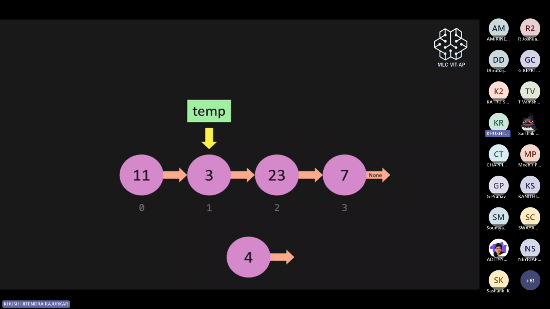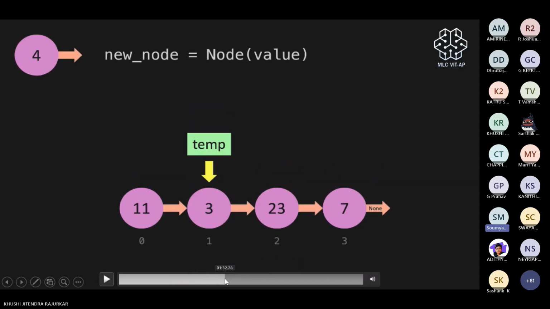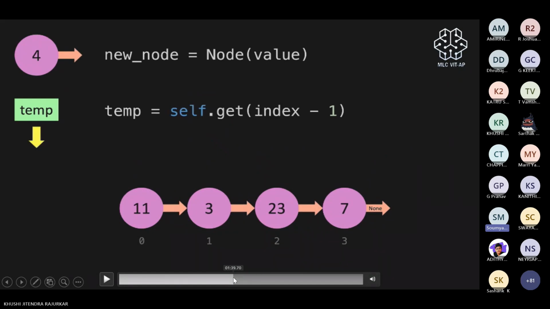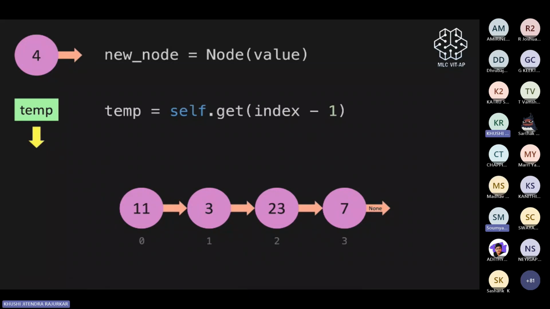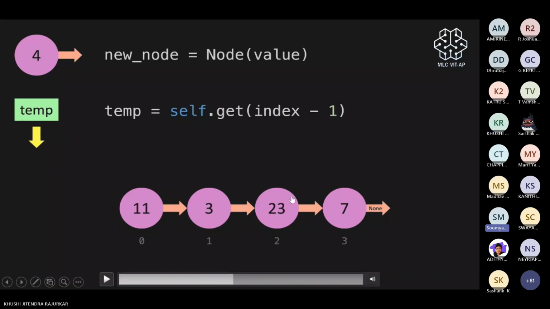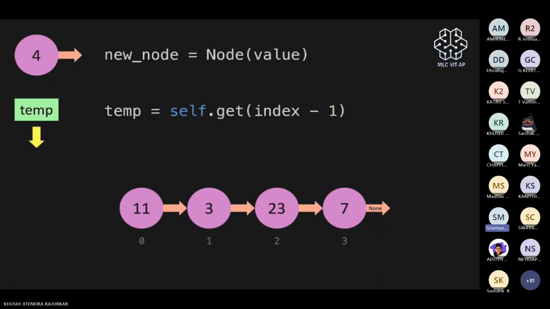You said temp equal to self dot head. In which method are you talking about that? No, that was for retrieving the data, basically for getting the data. Like I remember we had a get function, which is self comma get self comma index. It takes two parameters, self and the index value, right?